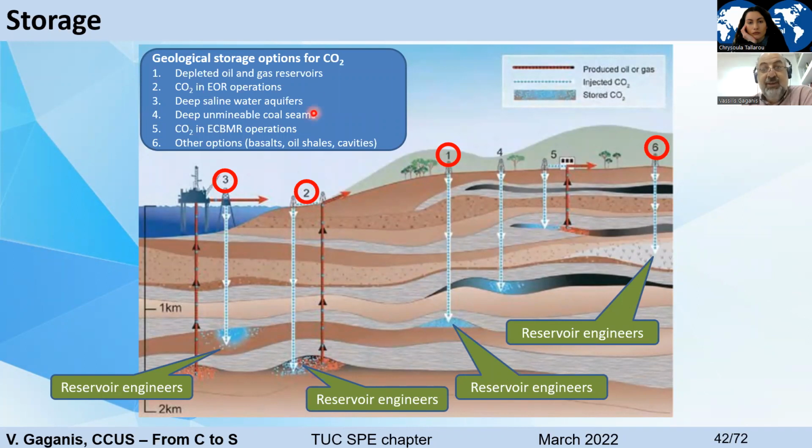Third one is the most promising one, deep saline water aquifers. Simply speaking, we're talking about reservoirs, which, however, now contain saline water. We're talking, of course, about the deep aquifers, not the ones we just use in everyday life to drill and get some fresh, potable water at home. So in a case like that, the good news is that those aquifers are huge.